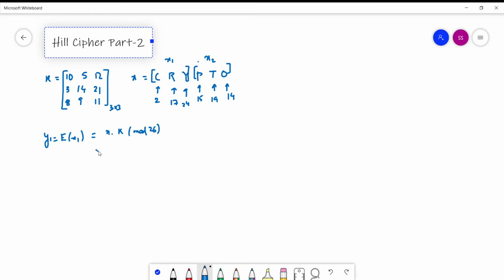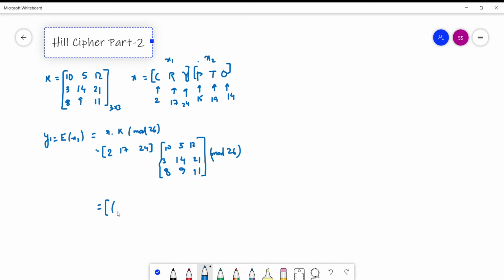My x here is 2, 17, 24, and k is 10, 5, 12, 3, 14, 21, 8, 9, and 11. I have to multiply both matrices and take mod 26. If you multiply this, you will get a matrix of order 1 by 3.